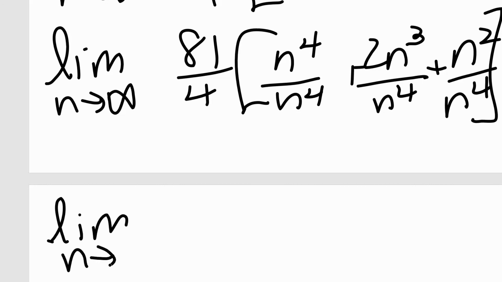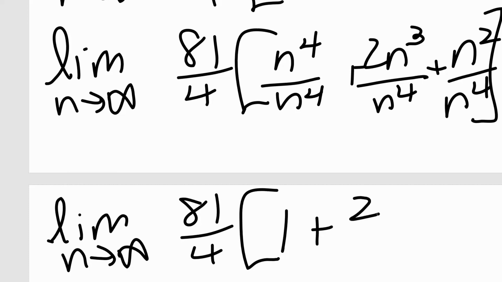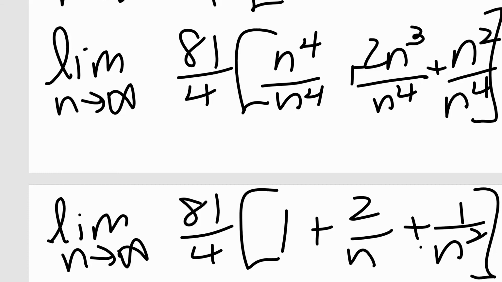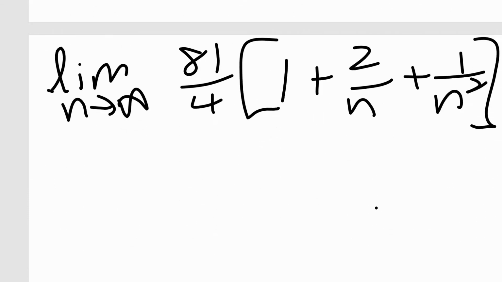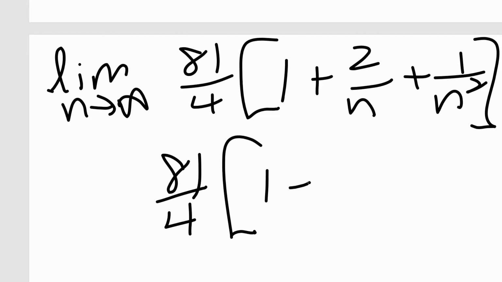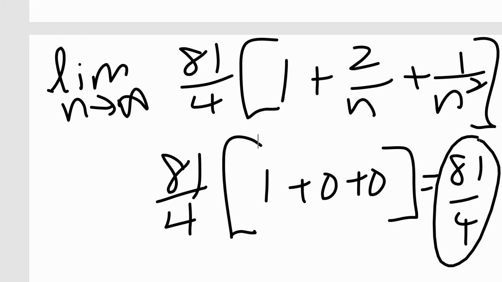And I get the limit as n goes to infinity of 81/4 times (1 plus 2 over n plus 1 over n squared). And as I said before, anything that has an n in the denominator, once it is simplified, the limit as n goes to infinity becomes 0. So this becomes 81/4 times (1 plus 0), which is just then 81/4. That is the answer to the limit as n goes to infinity for this problem.